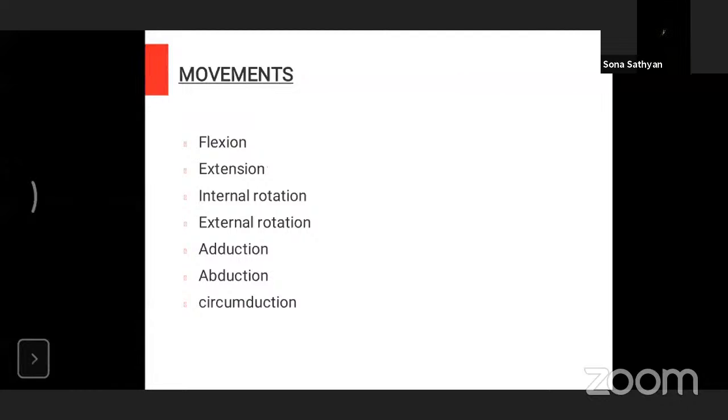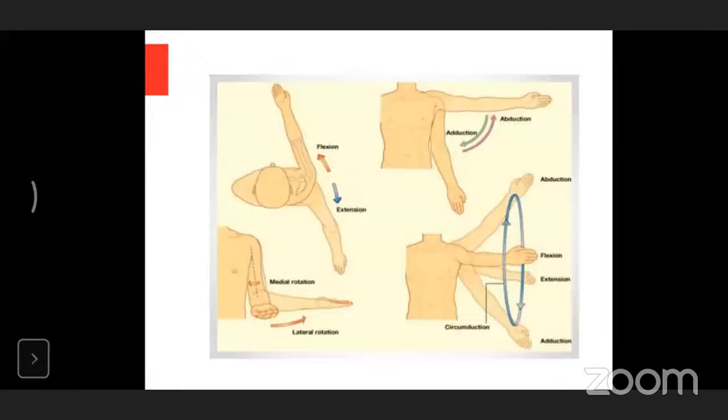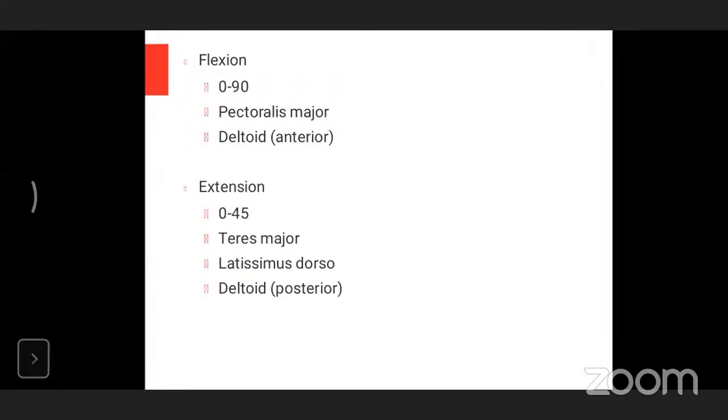So, movements at the shoulder joint: there is flexion, extension, internal rotation, external rotation, adduction, abduction, and circumduction. Flexion, 0 to 90 degrees, mainly by pectoralis major and deltoid, the anterior portion.